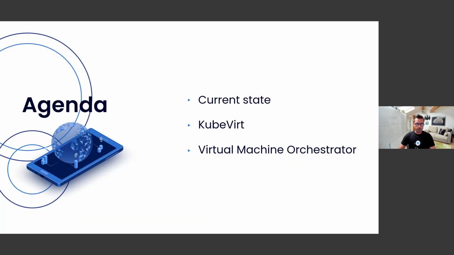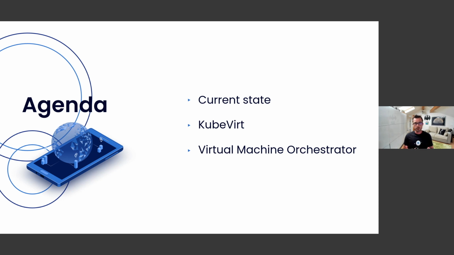In terms of agenda, first, I would like to make a short poll so that we can have some ideas. The poll will appear in a moment, but in terms of agenda, I will start with the current state of cloud native applications and why VMs still have a role to play in your infrastructure. Then I will get into what KubeVirt is and how it can help the world of cloud native applications.